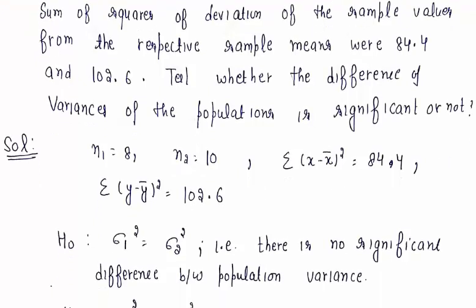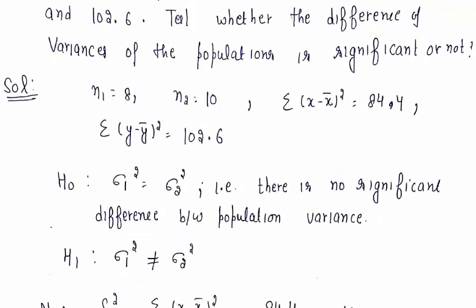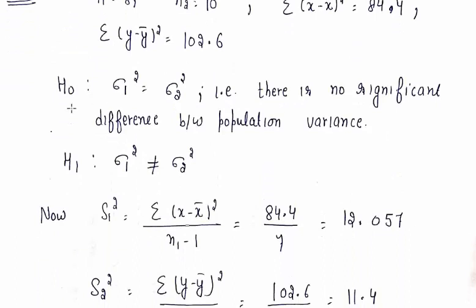After writing the given, now we set up the null hypothesis, H0: sigma 1 square equals sigma 2 square. That means there is no significant difference between the population variances; the population variances are equal. Then we set up the alternative hypothesis H1: sigma 1 square is not equal to sigma 2 square.